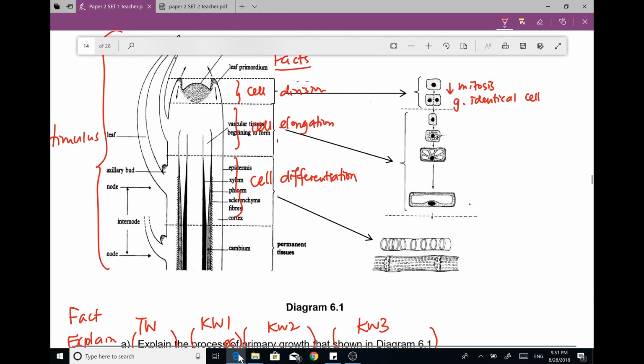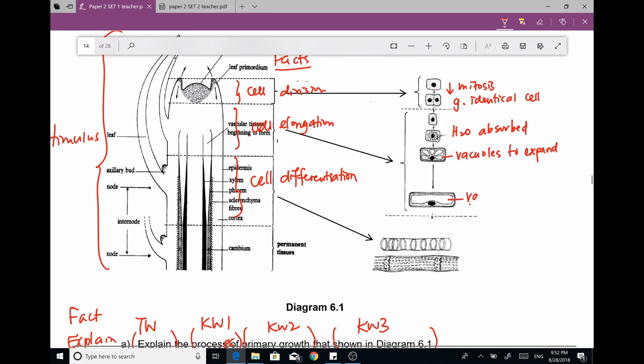And then the second process, cell elongation. So how does it happen? First of all, water must be absorbed into the cell, causing the vacuoles to expand. Now when vacuoles expand, what do you get?